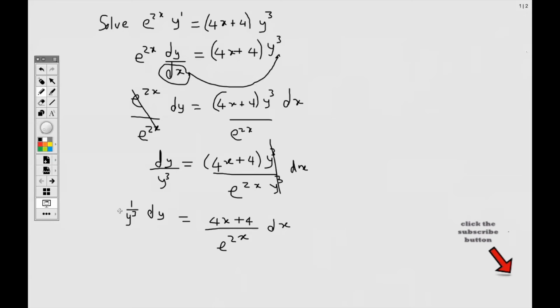Now 1 over y cubed, I can rewrite this as y to the negative 3, so I have y to the minus 3 dy. Same case here, I can rewrite this. Carrying it up, it becomes a negative power. So I have 4x plus 4 times e to the minus 2x dx.